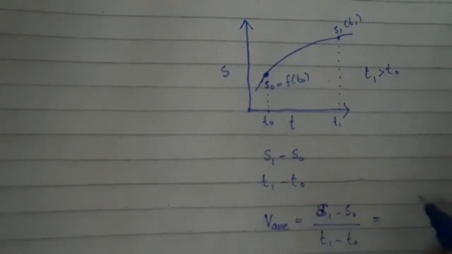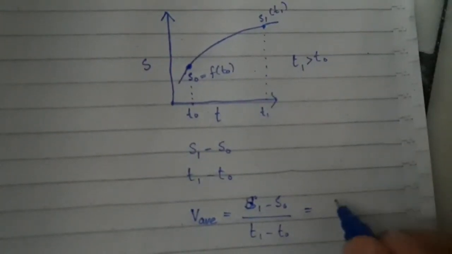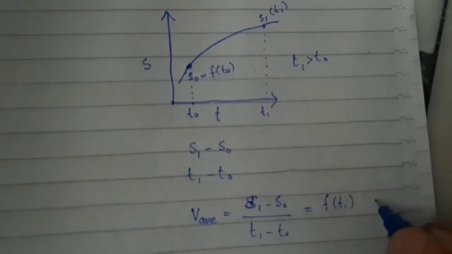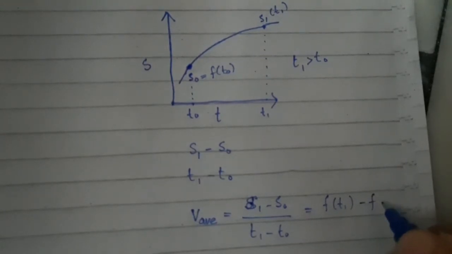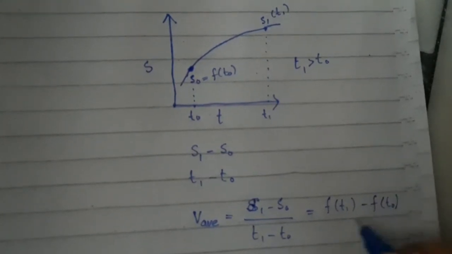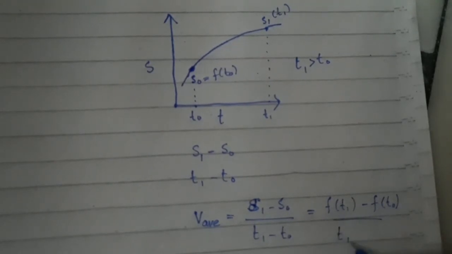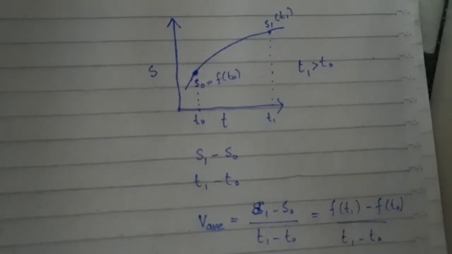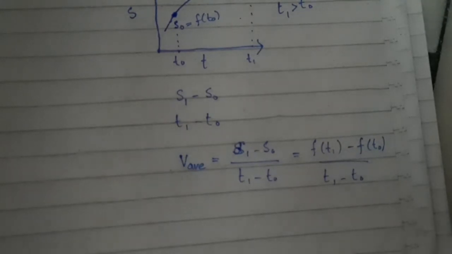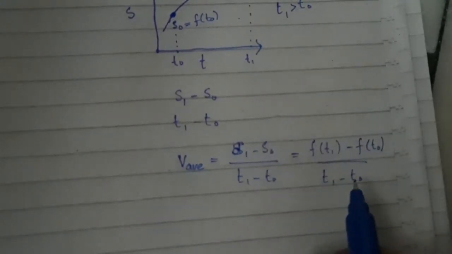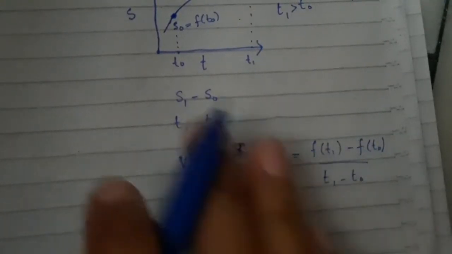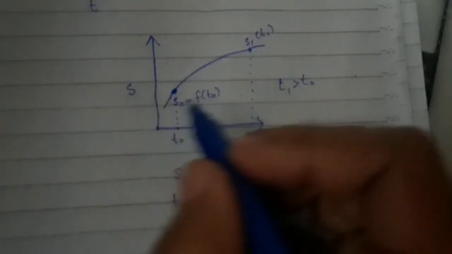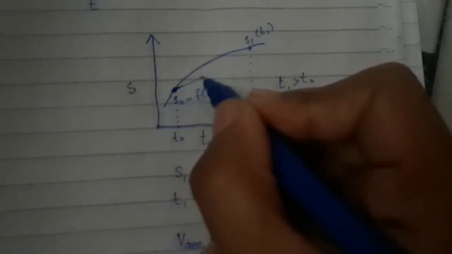We said s1 was the function of time at t1, so I can write it as f of t1 minus f of t0, divided by t1 minus t0. Now you can see that this is precisely the slope of the secant line joining the 2 coordinates s0 and s1.